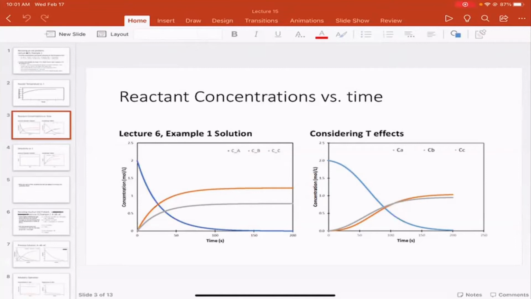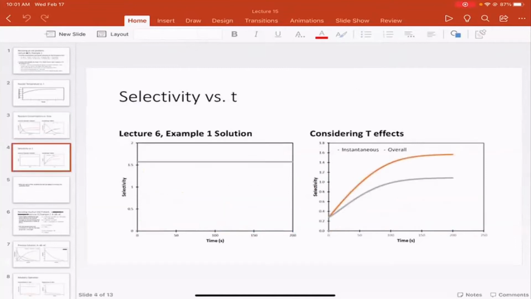If you remember in lecture 6, in this particular problem, because the selectivity was really just K1 over K2, when you're isothermal, that meant that the selectivity was equal to a constant. And you can see that here, we were a little over 1.5 when we did this example in lecture 6. But now, when we look at the selectivity, not only is it not constant, but also the instantaneous versus overall selectivity are changing with time.